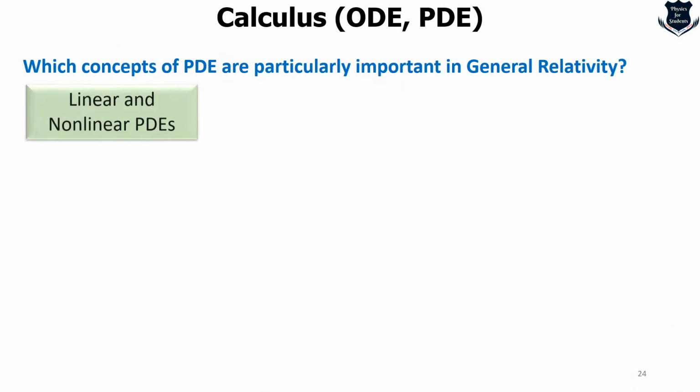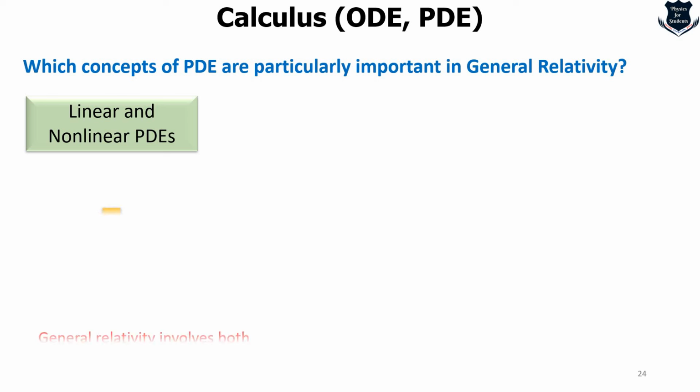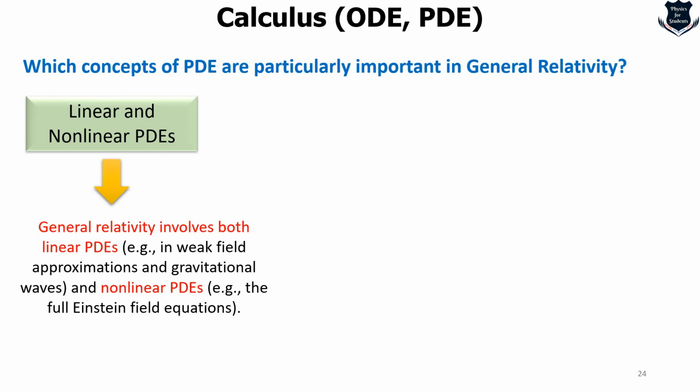So the first thing is linear as well as non-linear PDEs. As you understand, general relativity involves both. Linear PDEs are required under the weak field approximation, for static, slow moving objects in a dust field, where if you recalculate general relativity, it goes back to Newtonian mechanics.